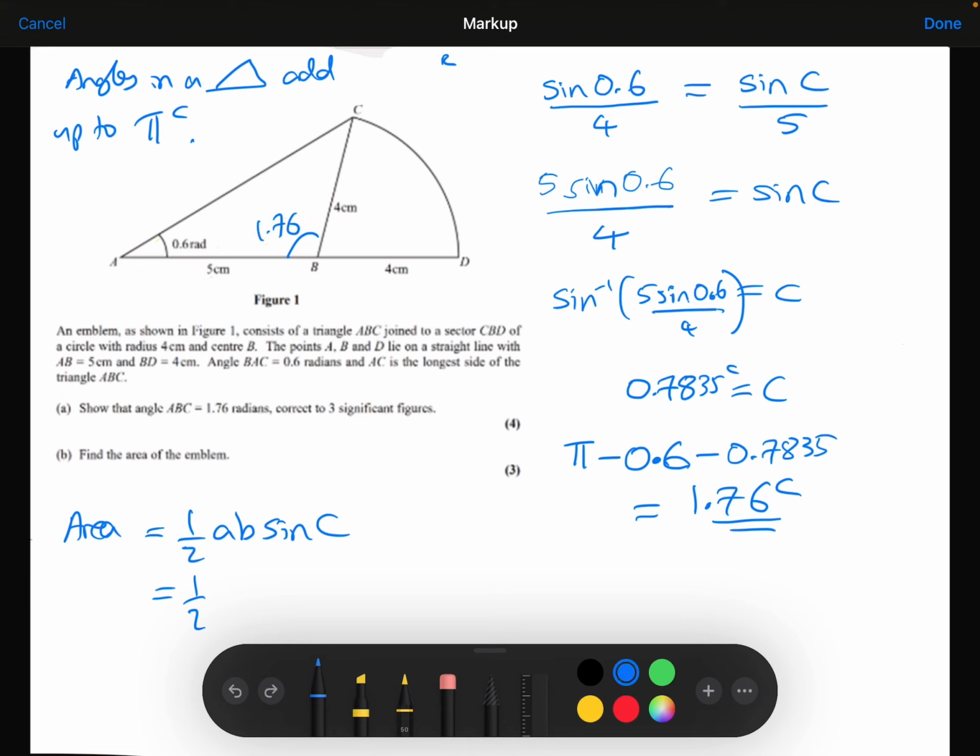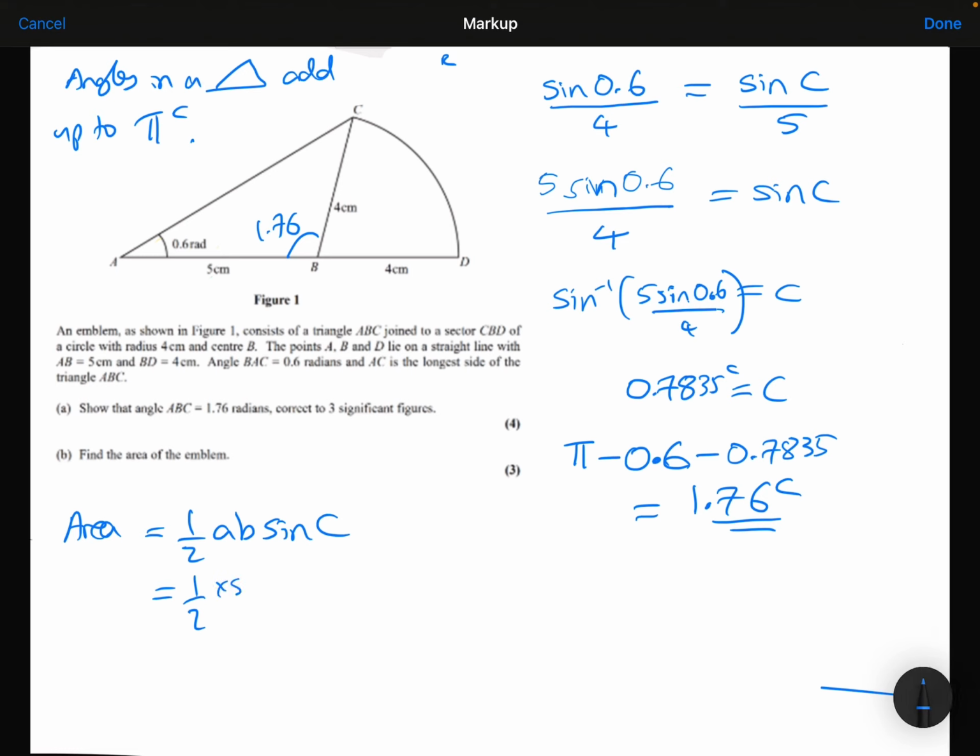So half times 5 times 4 times sine 1.76, making sure that your calculator, like I say, is in radians. And we get 9.82. So that's the area of the triangle.